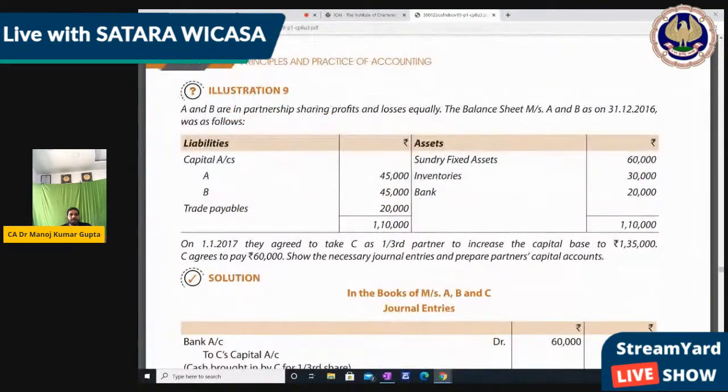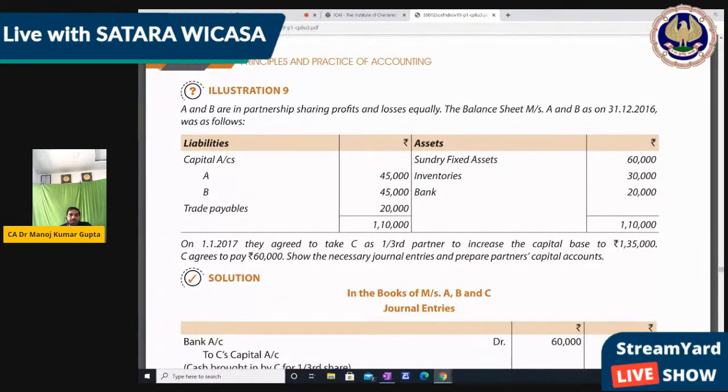Question 9. A and B are partners sharing profit and loss equally. The balance sheet of Messrs A and B as on 31st December 2016 was as following: capital of A and B, trade payable, sundry fixed assets, inventory, bank.